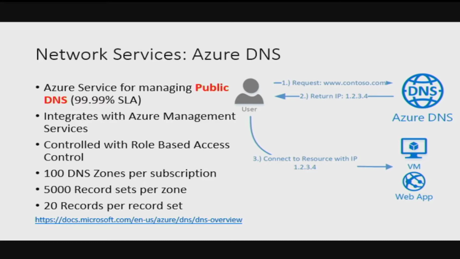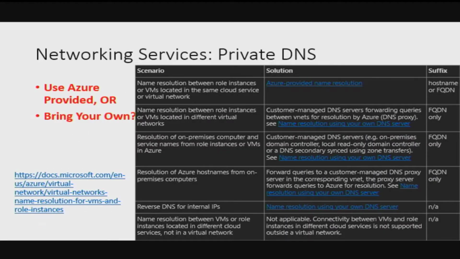This is a pretty new service, and I put it here because I want to make a distinction between Azure DNS and private DNS. Private DNS is what you would use for DNS inside of your VNets. If you have VMs that want to talk to each other within a VNet, within the bounds of a single VNet, you don't have to set up any DNS.